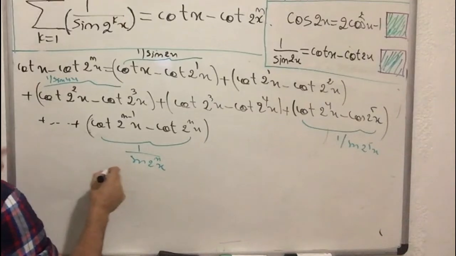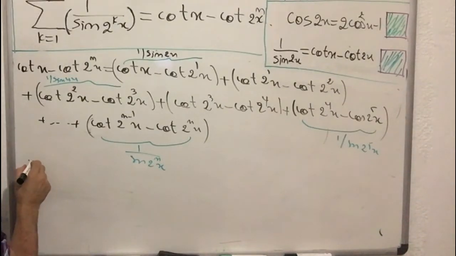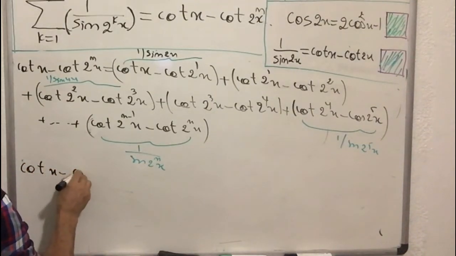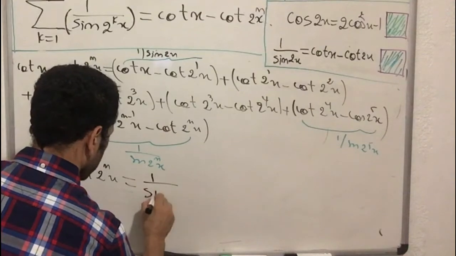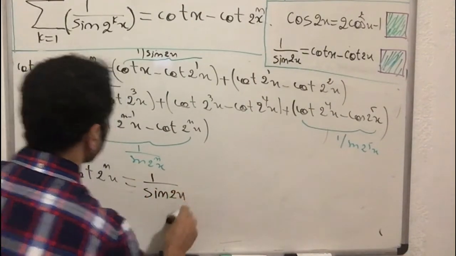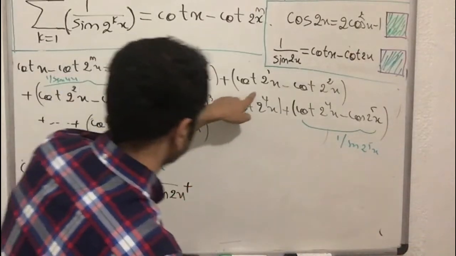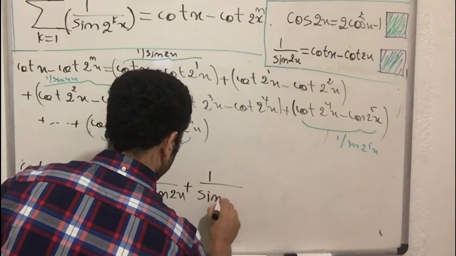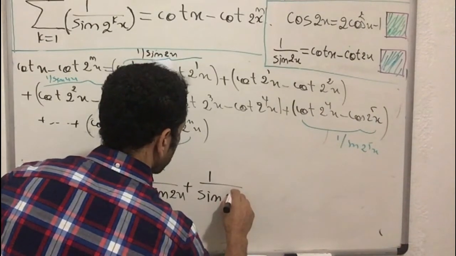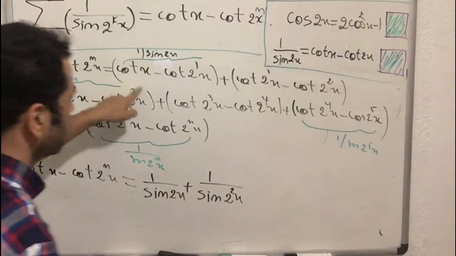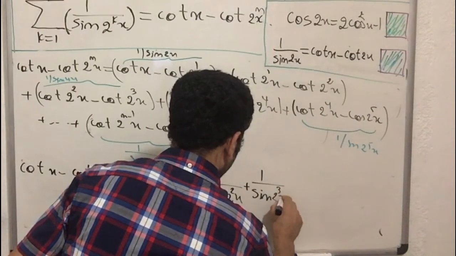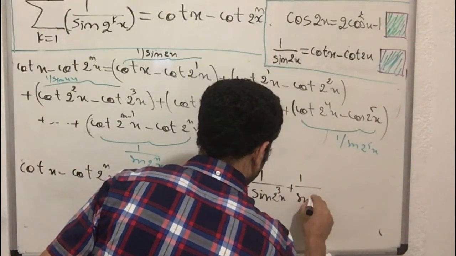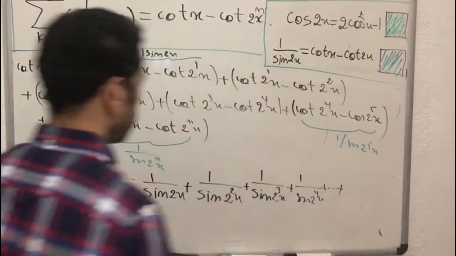Let's call it capital A. Let's put cotangent x minus cotangent 2 to the n x equal to 1 over sine 2x, which is the first term, plus the second term, which is 1 over sine 4x, plus 1 over sine 2 to the 3rd x, plus 1 over sine 2 to the 4th x, and so on, until you get the last term.